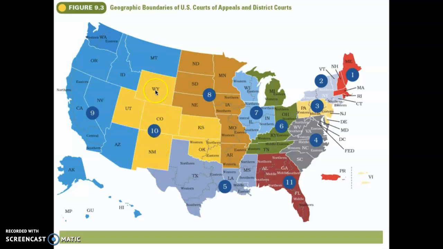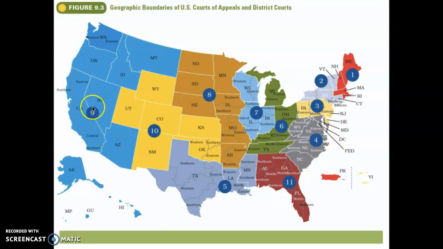So if they make a legal ruling on a search and seizure issue, it is only going to apply within this circuit, all right? And that's one of the unique things about the federal court structure: rulings within a specific circuit are only applied to courts within that circuit, not the whole United States.